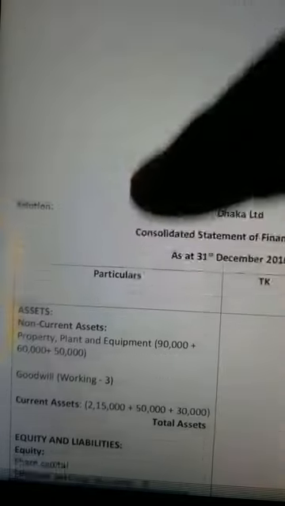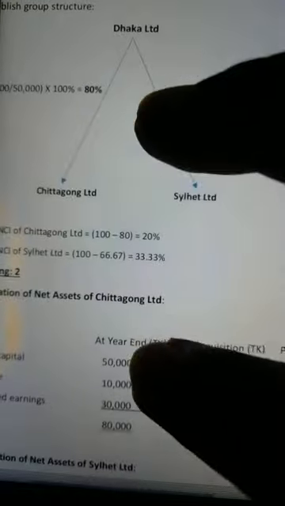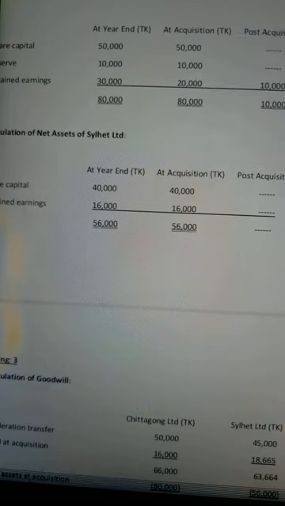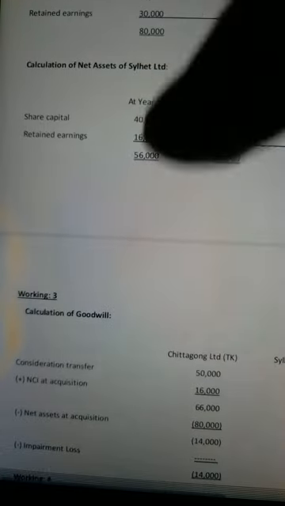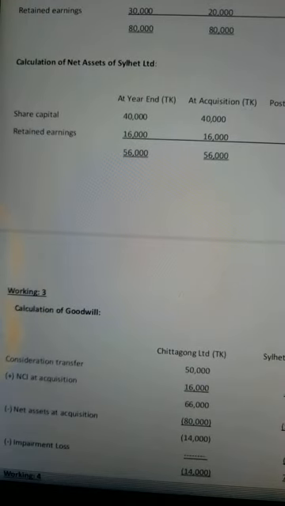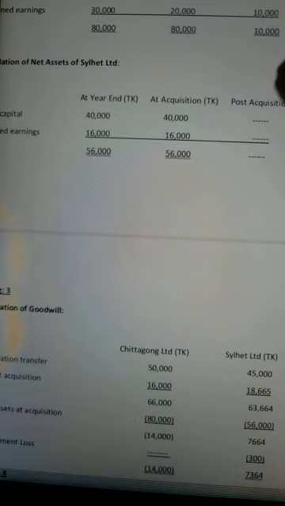We have already written the 10,000 reserve, but we haven't written the 20,000 at acquisition, so we write it here. So 30,000 minus 20,000 is 10,000. Sylhet Limited doesn't have any more information, just share capital and retained earnings, so the post acquisition is nil.